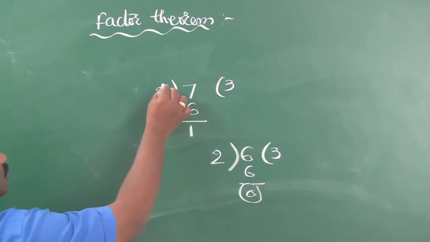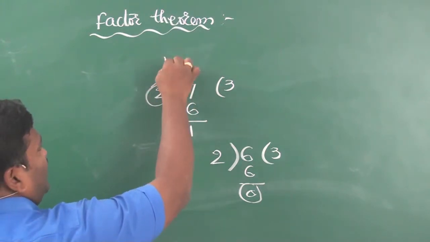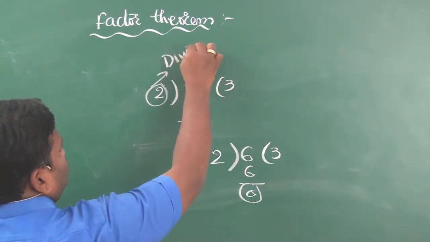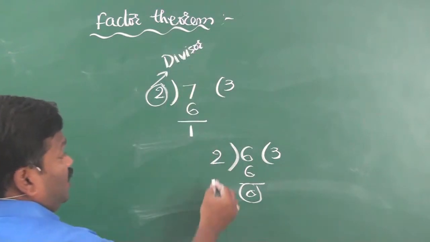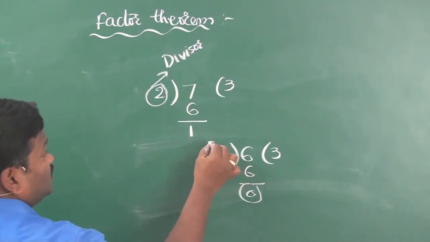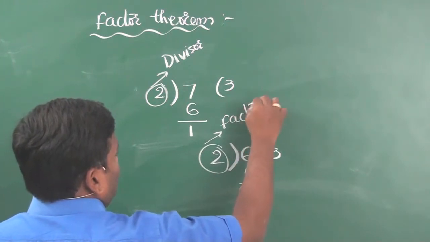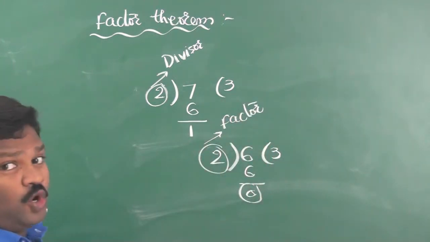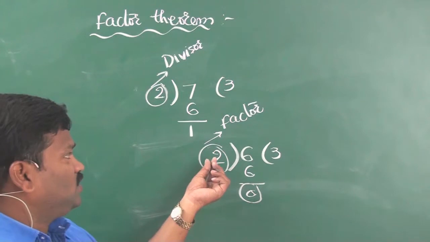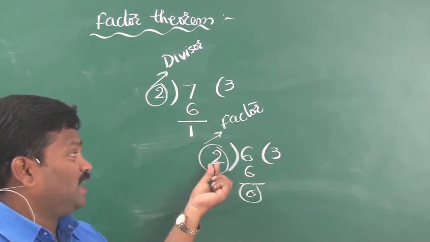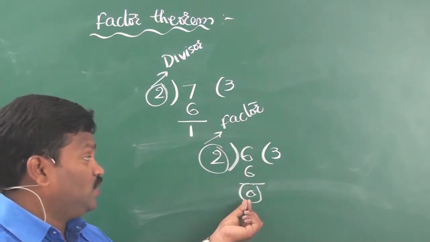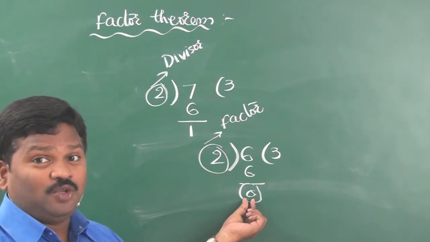Here this 2 is just a divisor, but here this 2 is also called a factor. This divisor is also called a factor. Why is this divisor also called a factor of 6? Since we got the remainder as 0.